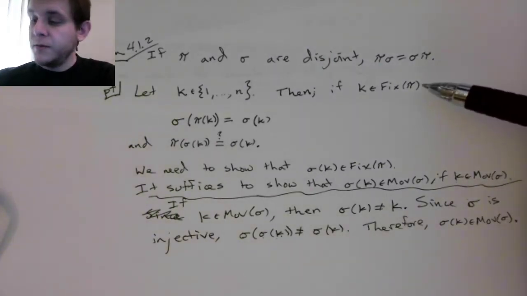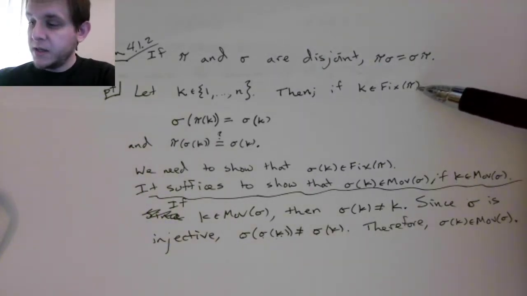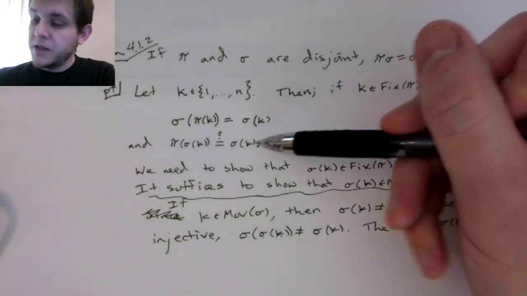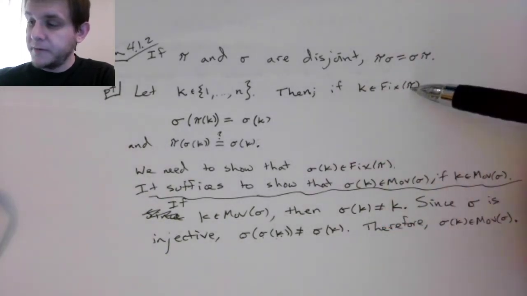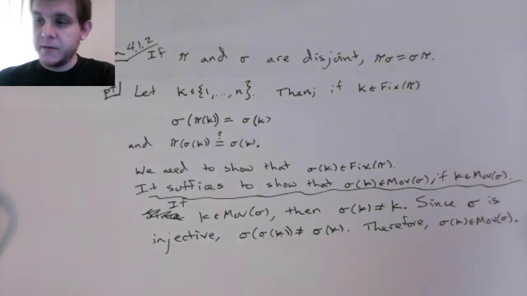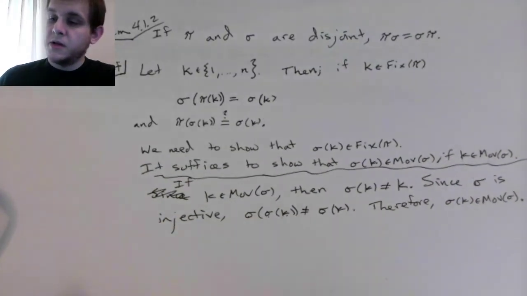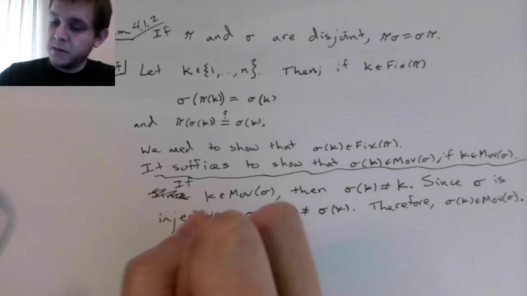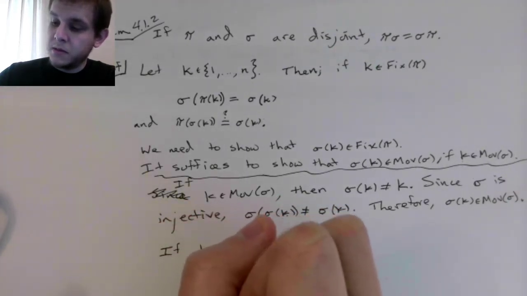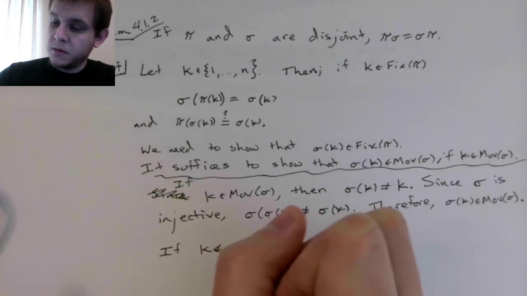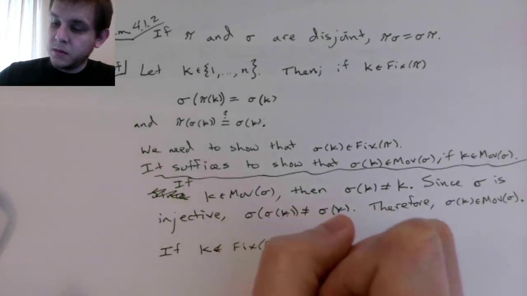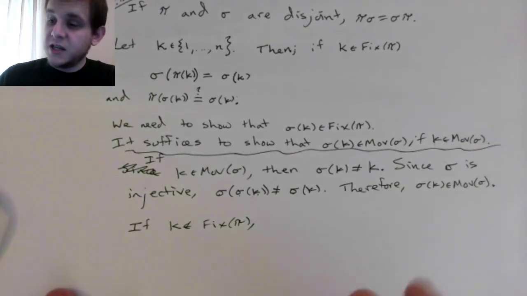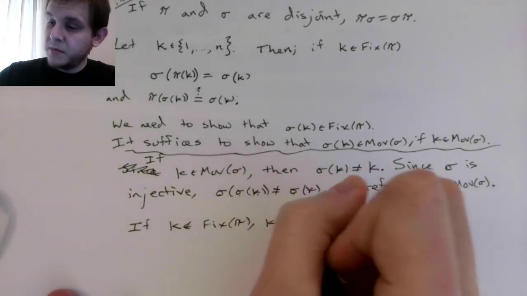That shows that these two things commute if k is in the fixed point set of pi. Now what happens if k is not in the fixed point set of pi? Well, then by definition, k is in the moved set of pi.